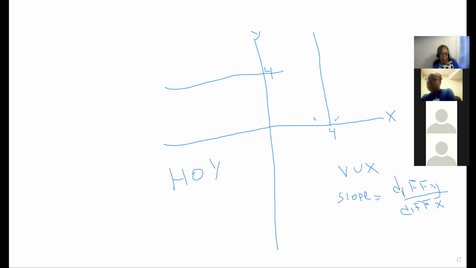Like they'll give you a line like this and say, let's say X equal 4. That's a linear equation. X is 4. So when X is 4, you've got a vertical line, right? Where X is 4, okay?